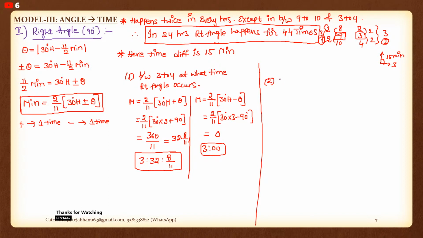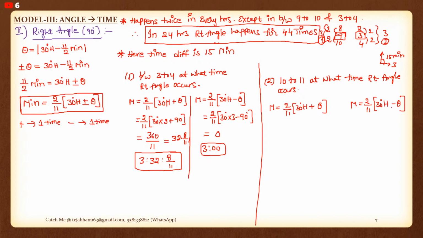Now, second one: between 10 to 11, at what time does a right angle occur? Minutes is equal to 2 by 11 into 30 degrees into h plus theta, and minutes is equal to 2 by 11 into 30 degrees into h minus theta.